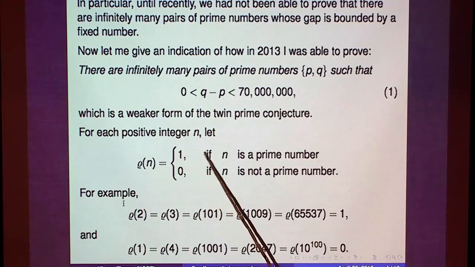Either it is equal to 1 if n is a prime number, otherwise it is 0 if n is not a prime number. So we see that rho of 2, rho of 3, these are all prime numbers, so rho of these values equals 1. For 1, and for even numbers, you may verify they are not prime numbers, so the rho value is equal to 0.